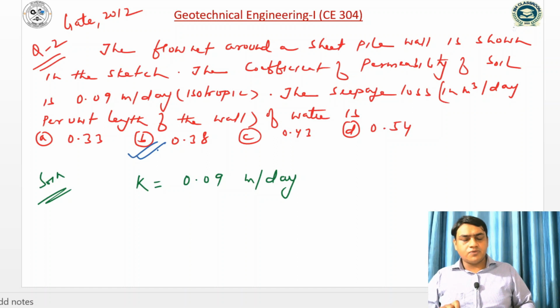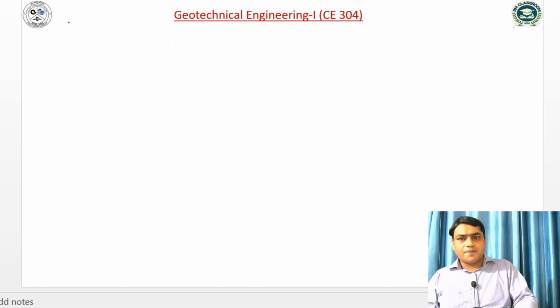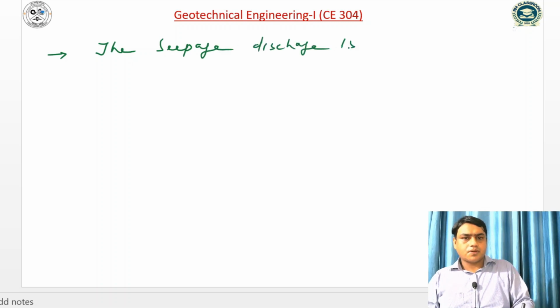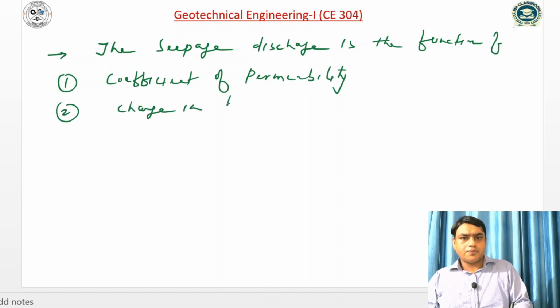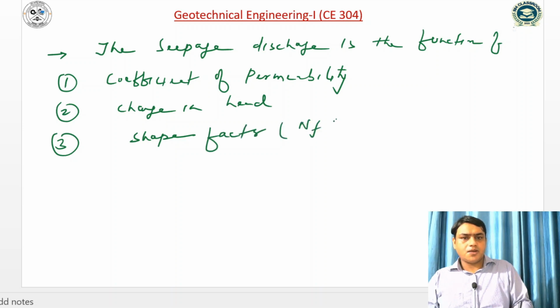We just have to know how to read the values of NF and ND, and then we can easily compute the seepage discharge just by putting the values of NF, ND, K and H. This seepage discharge is a function of the coefficient of permeability, the change in head or total head, and the third one is the shape factor, that is NF by ND.